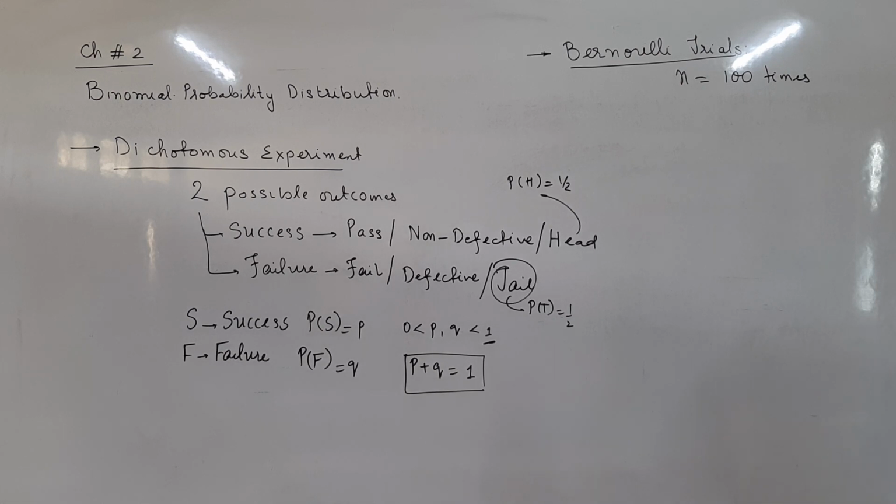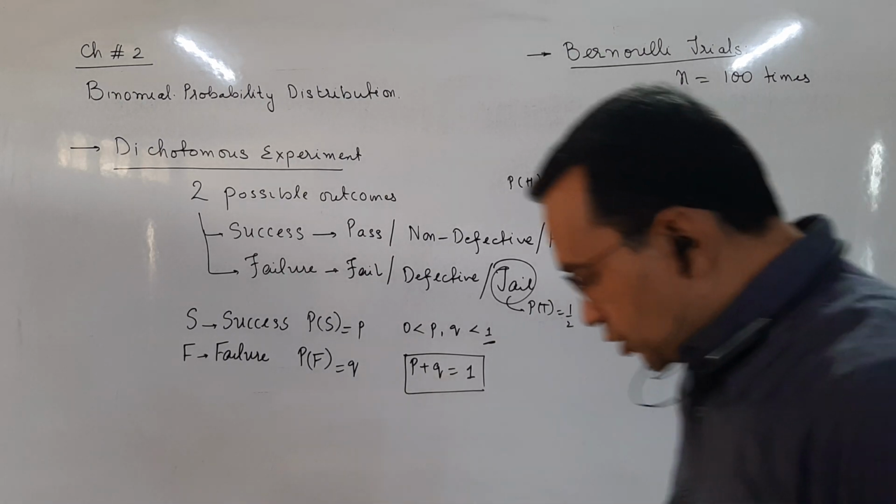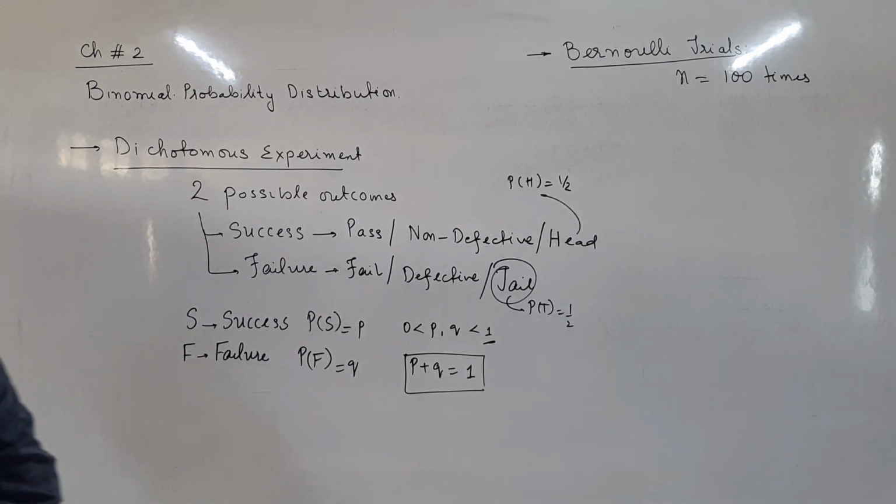Such trials are called Bernoulli trials, as this was first suggested by Mr. Bernoulli. So, whenever you repeat a dichotomous experiment n times under identical condition, and in each trial the probability of success, that is small p, remains constant or same, then students, such trials are named as Bernoulli trials.